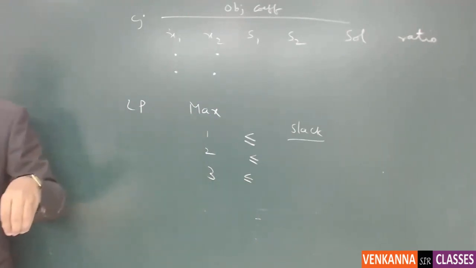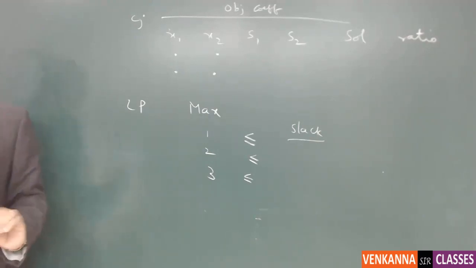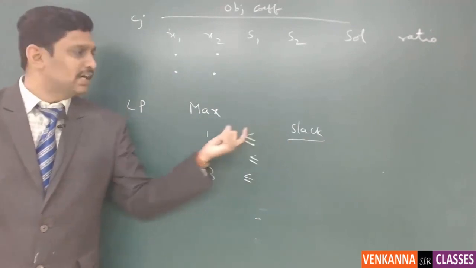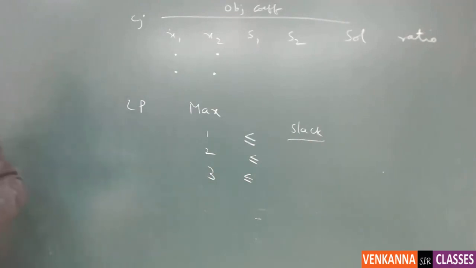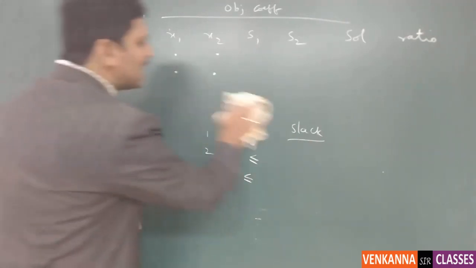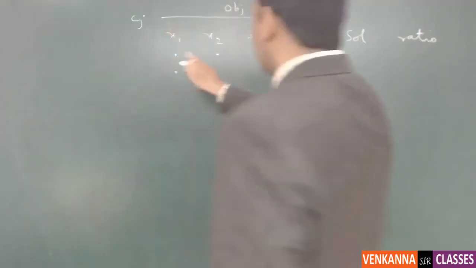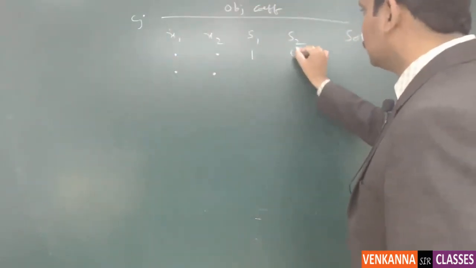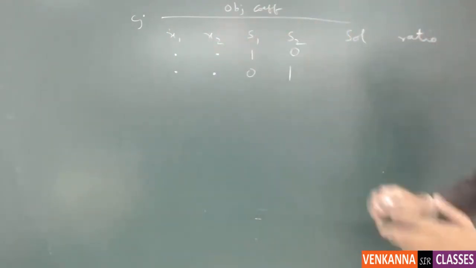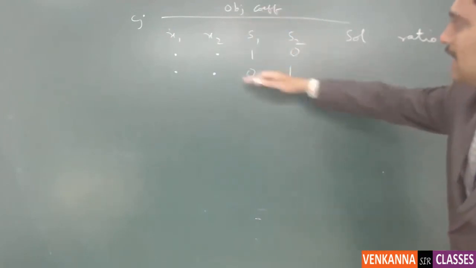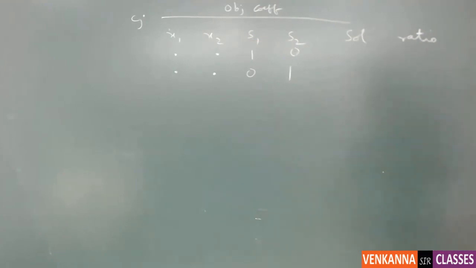These slack variables, I am calling them the basic variables because S1 is present only in the first constraint, not in the 2 and 3. So what happens, you will get an identity matrix setup in the table. This is some number here, some number, 1 and 0. This is 0 and 1. You have the identity matrix setup, so you are performing row operations on the identity matrix.